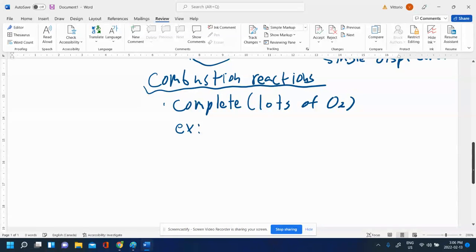That's when you have something called a hydrocarbon, which is basically a compound with lots of carbon and hydrogen. So it doesn't really matter what it is. It could be CH4. It's going to react with O2. If it's a complete combustion, if I tell you there's plenty of oxygen or sufficient oxygen or lots of oxygen, then your only two products are going to be CO2 plus H2O.